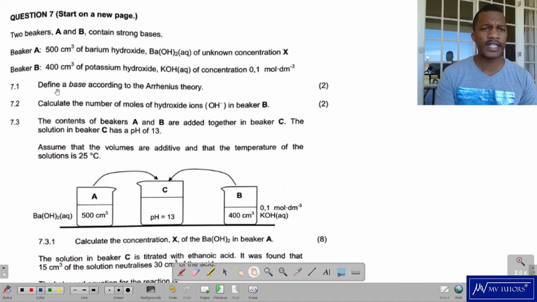Now it says define a base according to the Arrhenius theory. You should know this, but I'm just going to write it to make sure that you know what it is.